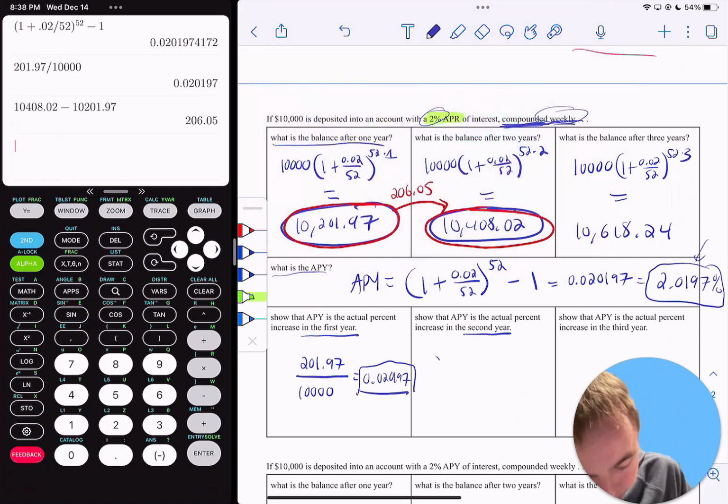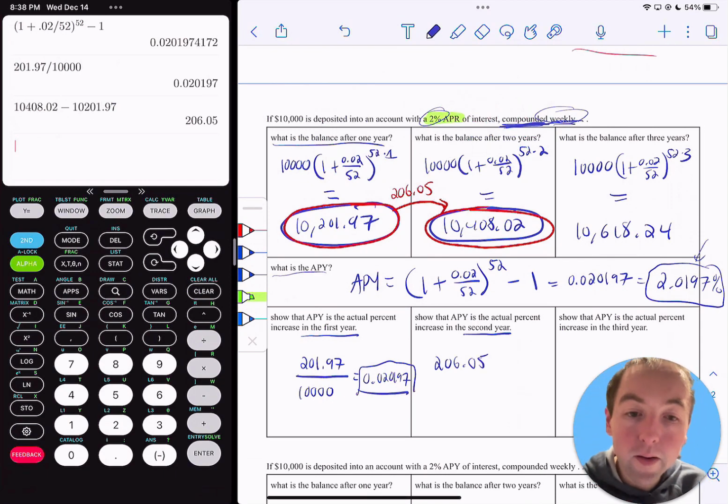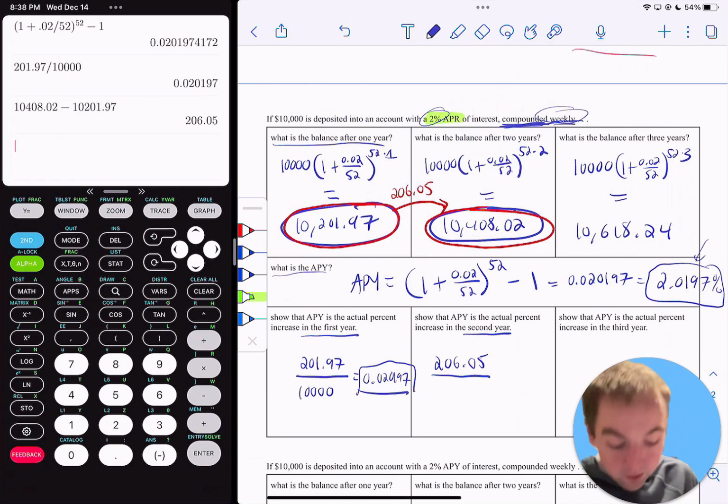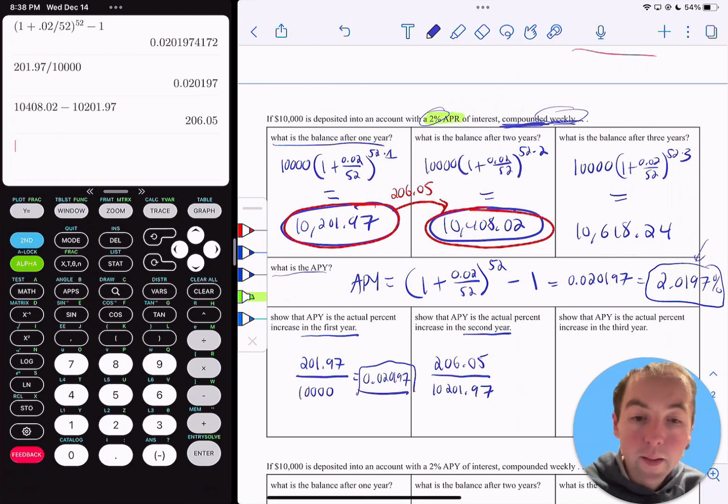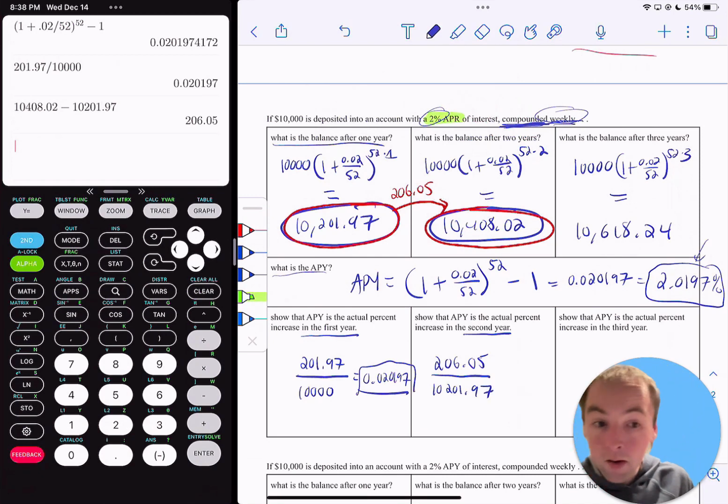So I should be able to show then that if I took $206.05 right there, and then I took it as a fraction of how much I started with, which actually would have been the end balance of year one, so the 10,201 and 97 cents right there, that should also just equal the same APY. So I'll do that in the calculator here.